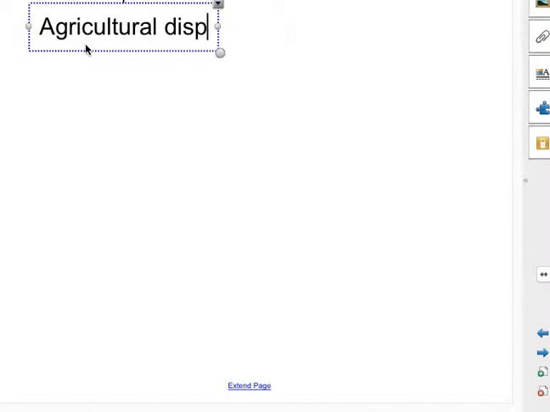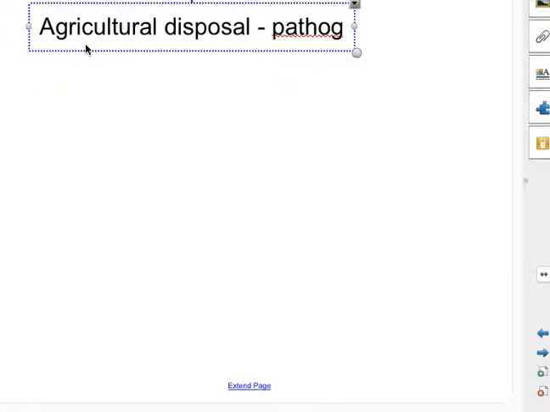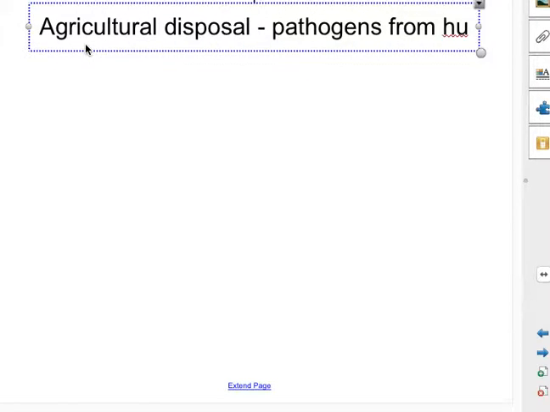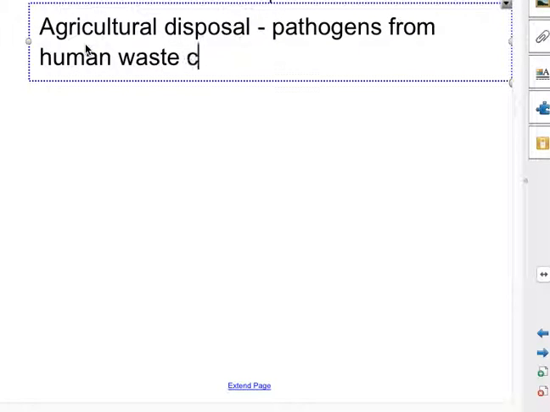Okay. If that solid material ends up on agricultural lands, it has its own set of issues. We don't want pathogens from human waste contaminating food products. So that's a problem.